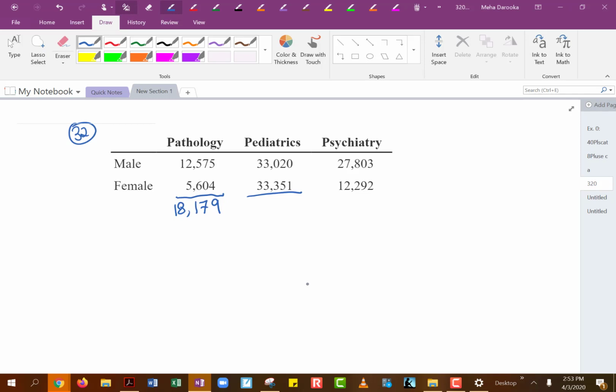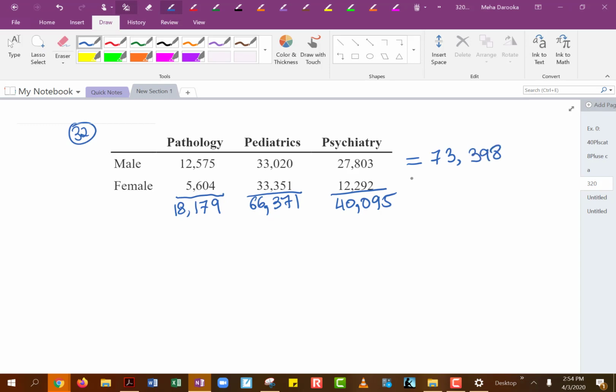This one adds up to 66,371. And then the psychiatry will add up to 40,095 doctors.